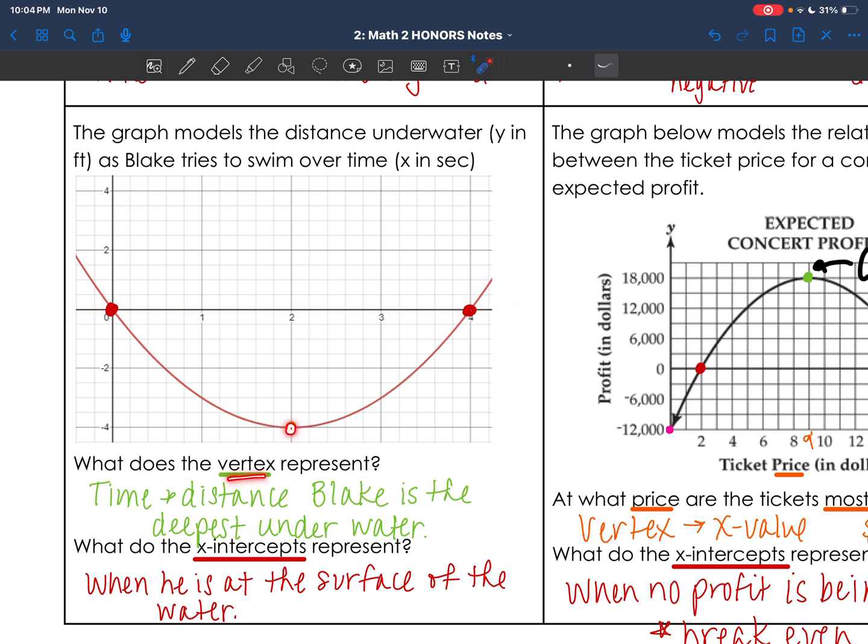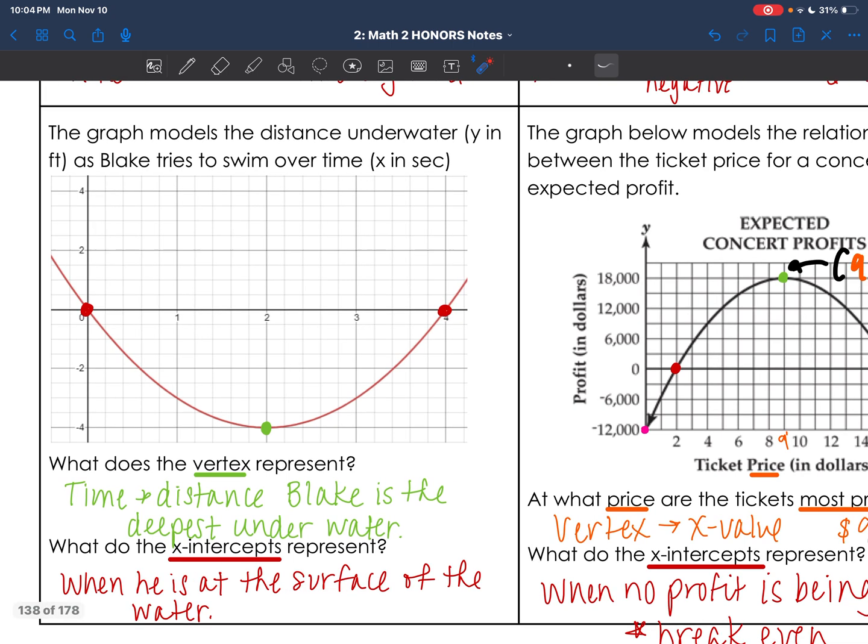So this is the minimum, which is the deepest underwater that Blake went. So it's the time and distance Blake is the deepest underwater. So this is the deepest point. And then the x-intercepts mean when he comes up to water. So he was up here at sea level or water level, and he was up here. So it's when he's at the surface of the water.